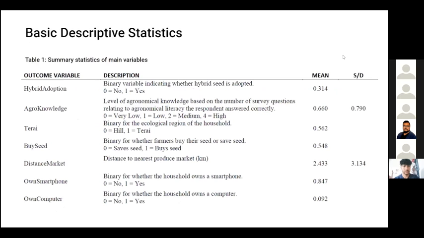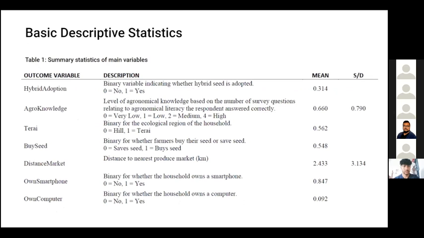And this is a table of the statistics of the variables for exploratory purposes. We can see here, for example, hybrid adoption has a mean of 0.3, which suggests that we have generally a low number of respondents who adopt hybrid seeds.